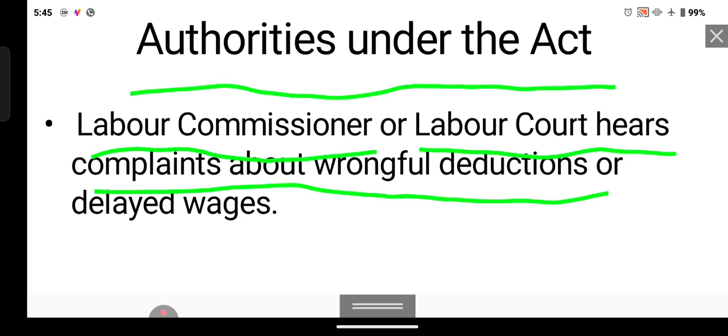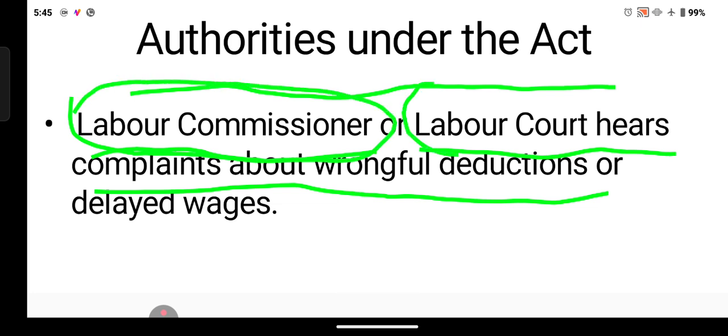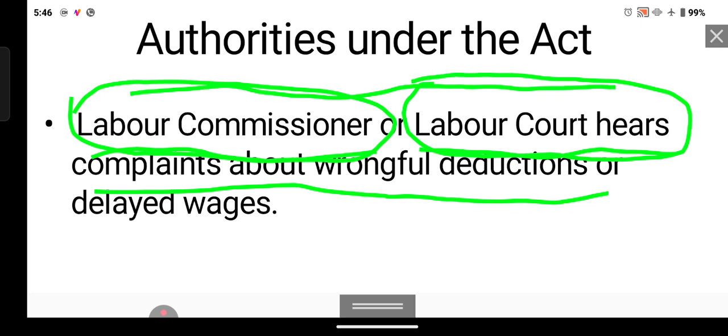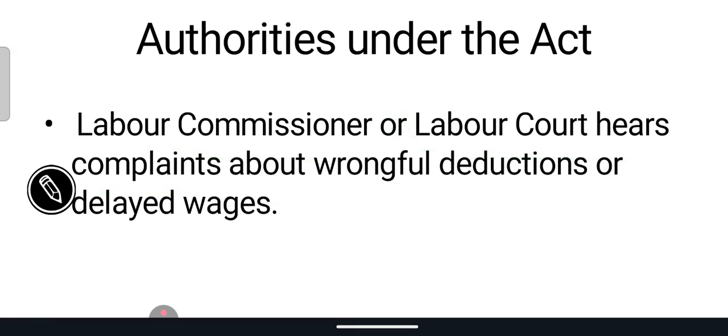All right, so remember, these are the authorities under whom you can raise your voice as a grievance. You need to go to the Labor Commission or Labor Code, who hears the problems of the worker regarding the payments.